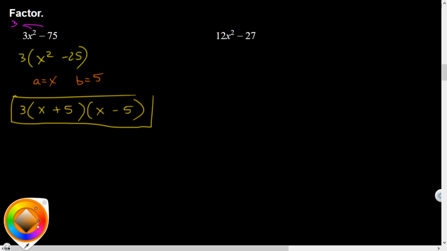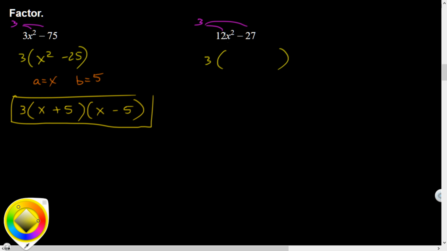Does anyone know what I could steal from the second one, this last problem we're doing today? Because I can't steal a 12. That doesn't fit into the 27. Smaller than that. A 3. Man, I guess I'm not very creative. I just keep stealing 3s all day. It's like if I was the Hamburglar, I would be like the 3 burglar, maybe? I think so.